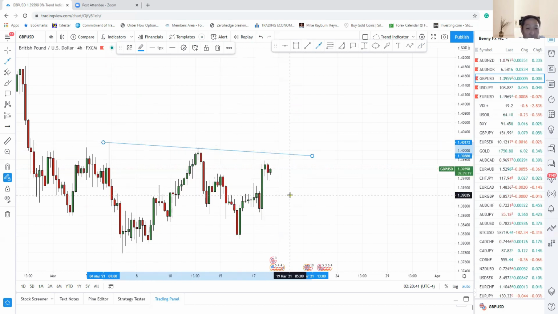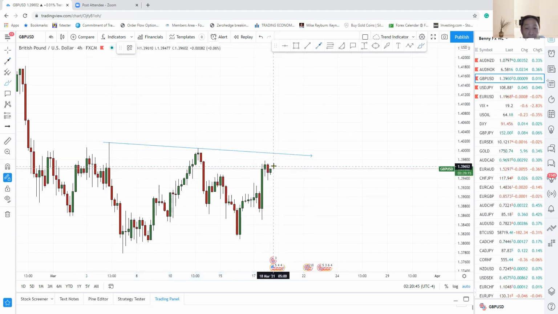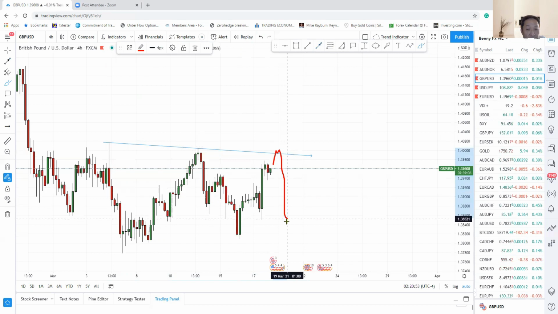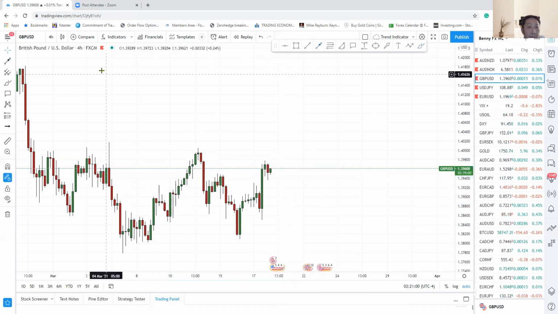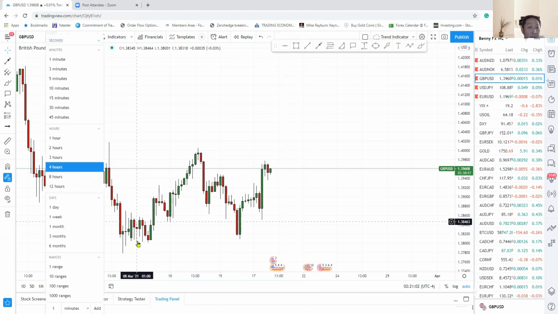So potentially we might see price push higher when the London market opens, and then go down to test to here. That's one potential possibility.